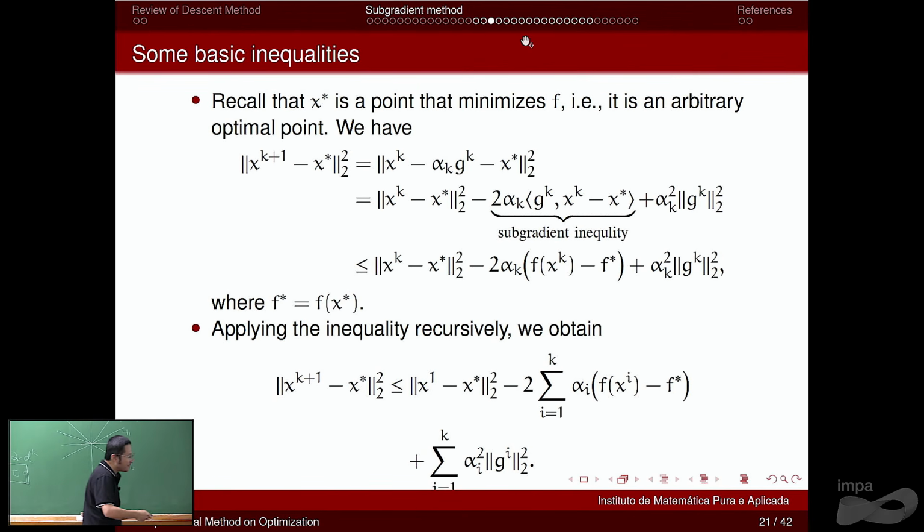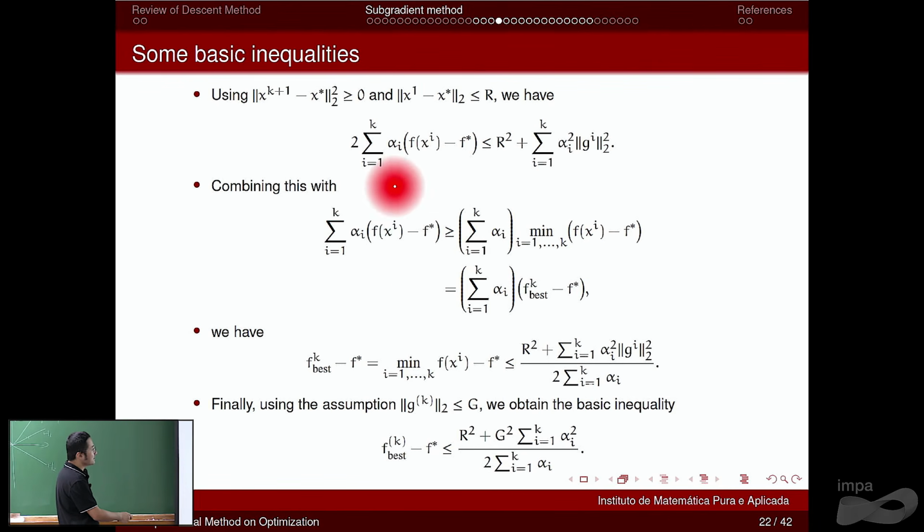Okay, so what we have, we put these summations on the left side, and we eliminate these terms, and we bound the norm of x1 minus x star by capital R. So we have this: the summation of alpha i times f of xi minus f star is less than R square plus the summation of the squared subgradient terms.